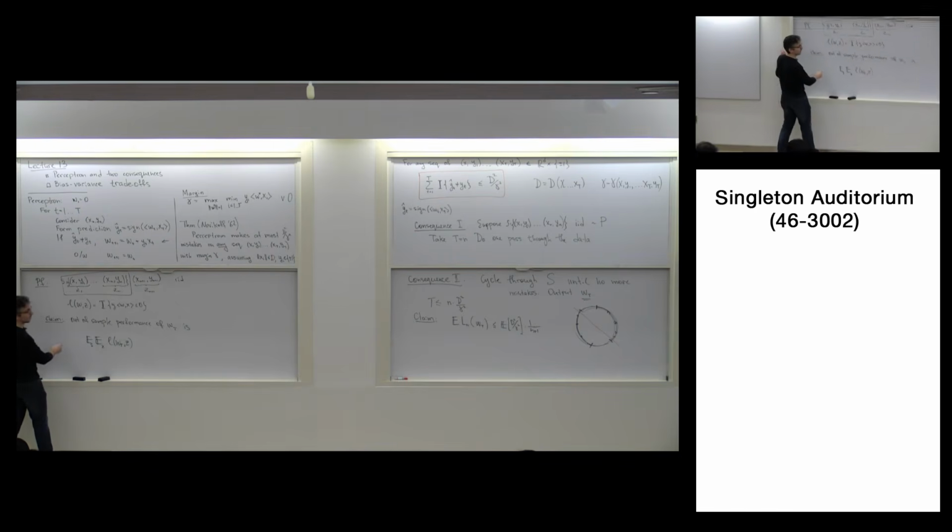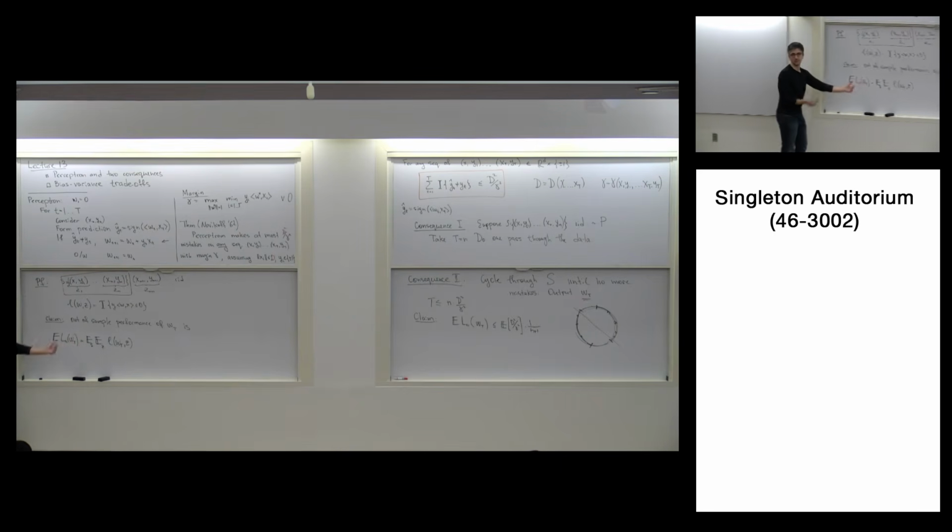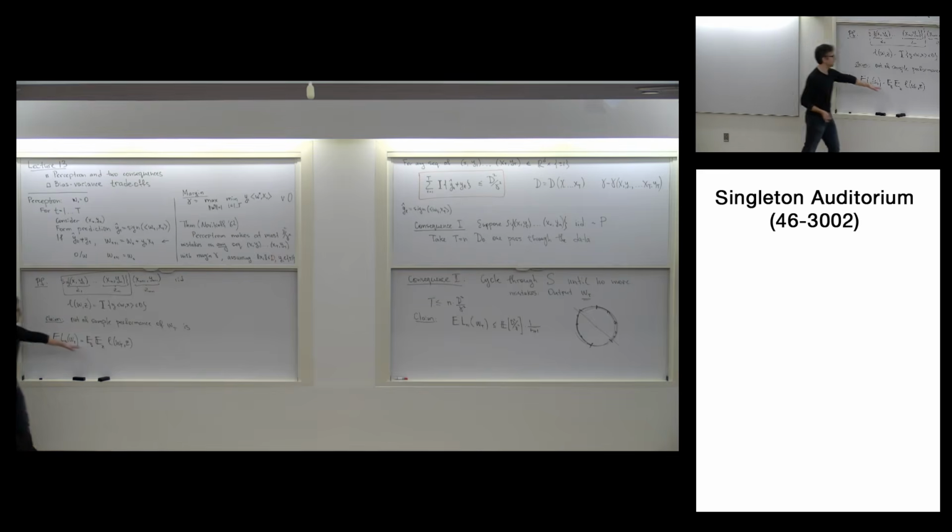Okay, so the out of sample expected L01 of W_T is defined by this, right? That's the same quantity.